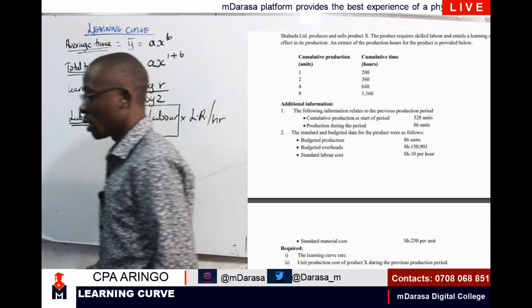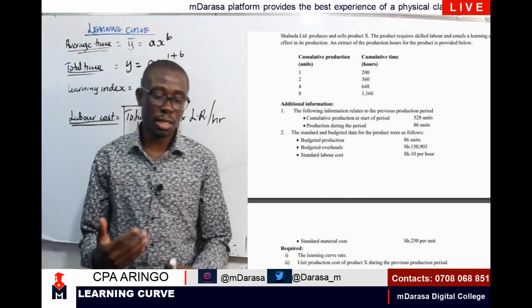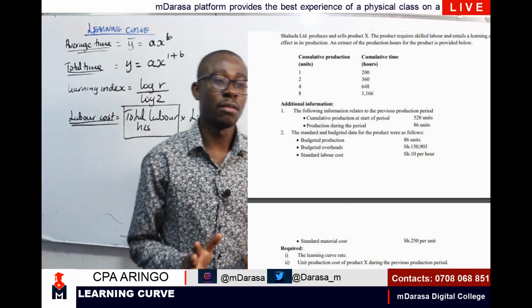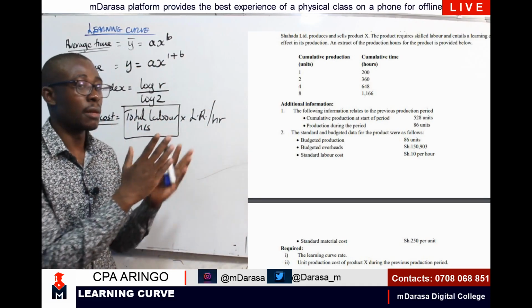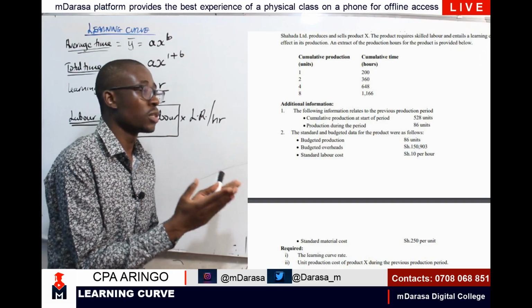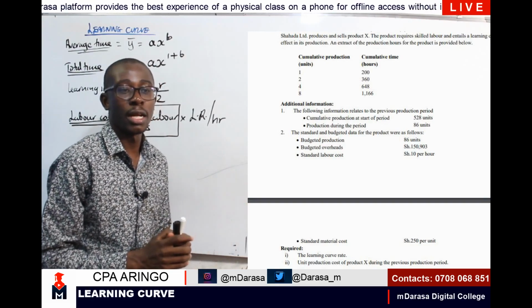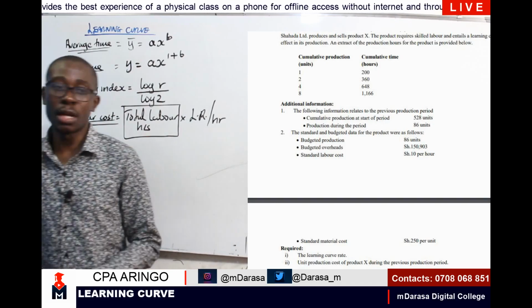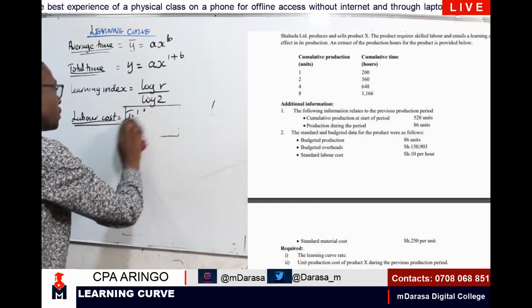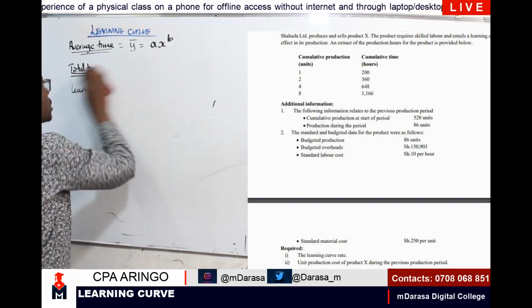So that is the question I'm given. Clearly, the examiner wants us to determine our learning curve rate. The good thing is that on this question the examiner did not give us our learning rate, so I am required to determine it. In scenarios where you are not given your learning rate, how will you go about it?